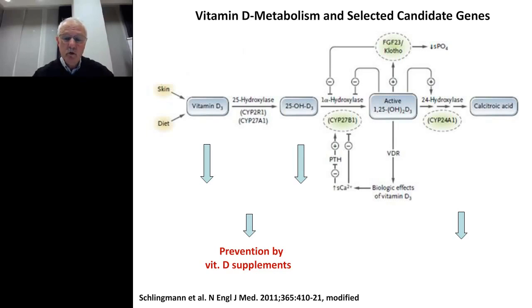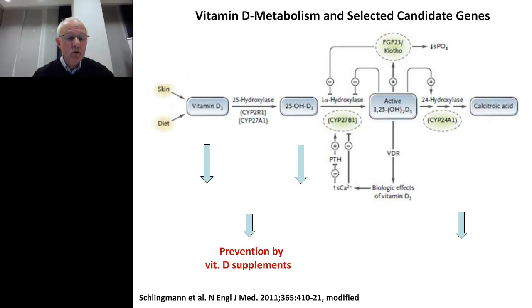The calciotropic PTH is increased, for example, if plasma calcium levels are low, and then PTH is responsible for an increase in circulating 1,25 dihydroxyvitamin D levels. The other hormone is FGF23.